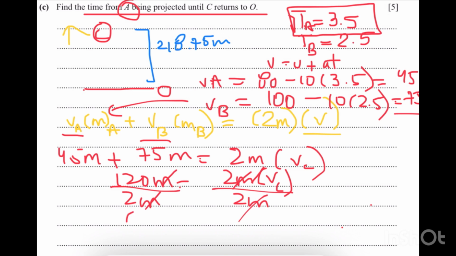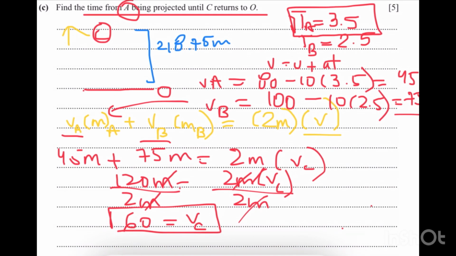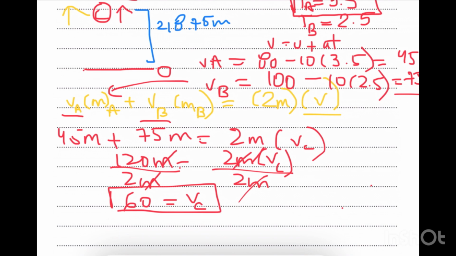This becomes 60, which equals the velocity of C after collision. So directly after collision, particle C moves upwards, and again the acceleration is minus 10 since it is moving against gravity.